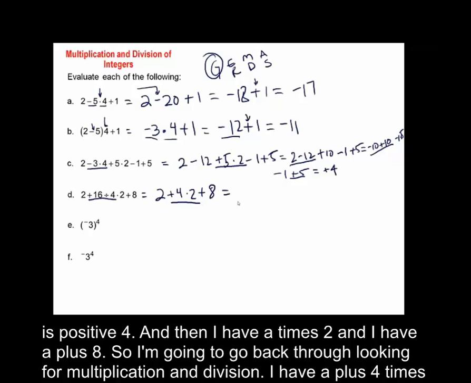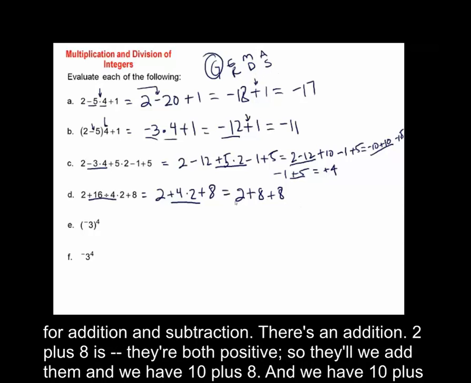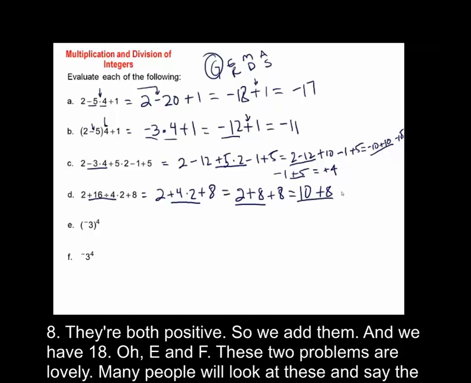I have a plus 4 times 2, so the first 2 comes along just because, and a plus 4 times 2 is a plus 8, and then I have a plus 8. No more multiplication or division, so I'm looking for addition and subtraction. There's an addition. 2 plus 8, they're both positive, so we add them and we have 10, and then plus 8, and we have 10 plus 8, they're both positive, so we add them and we have 18.